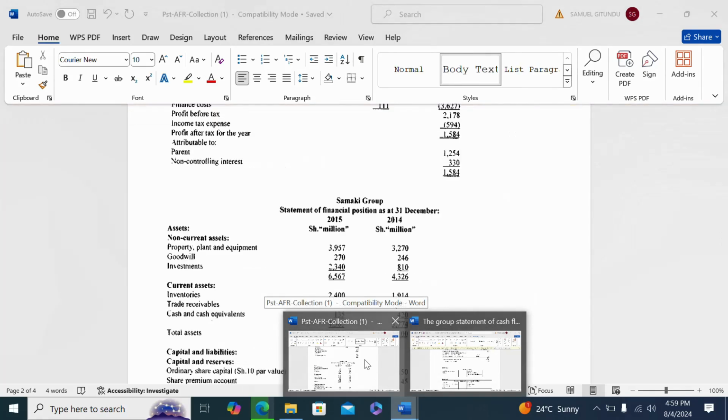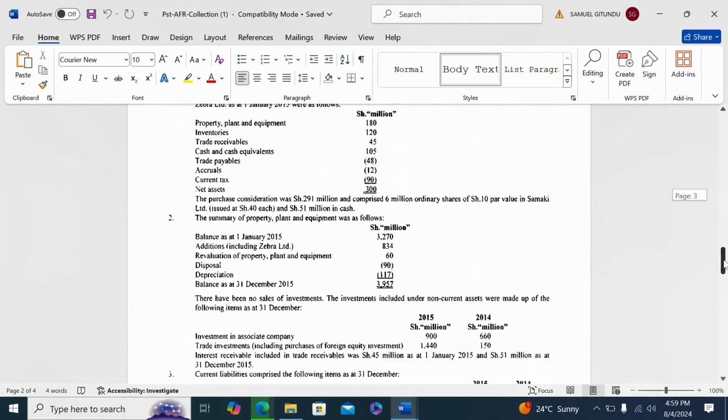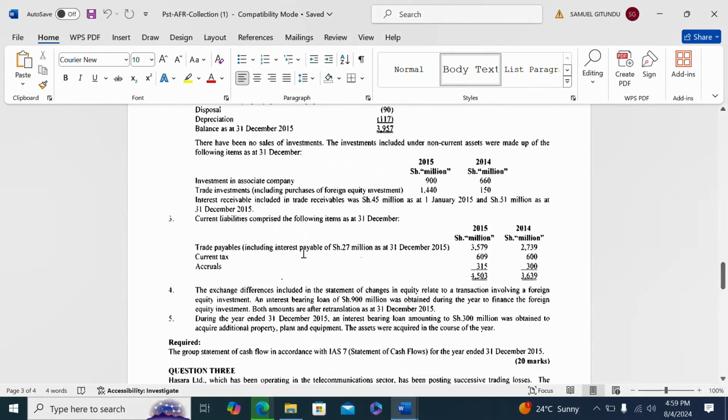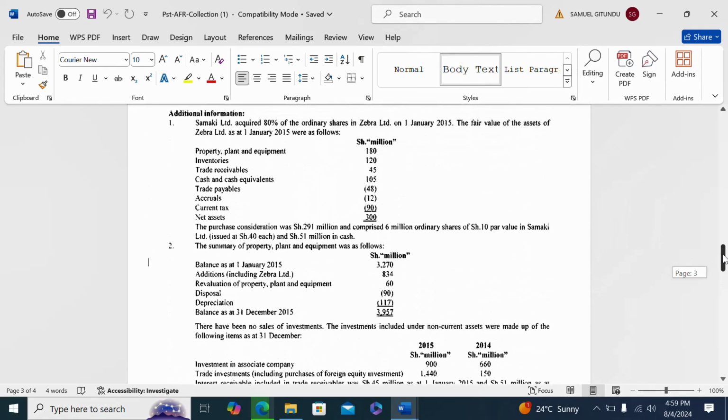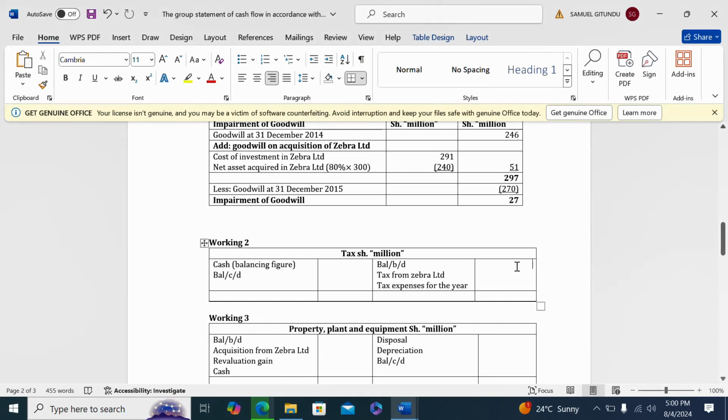How much was the balance brought down of the tax? The current tax was 600 and the balance carried down was 609. What about the tax from Zebra? So the balance brought down was 600.